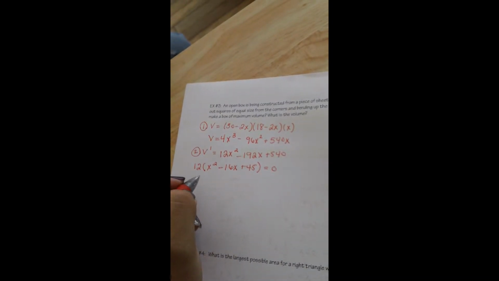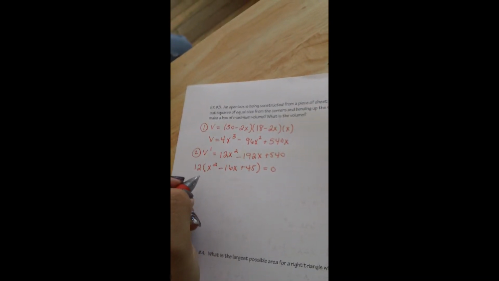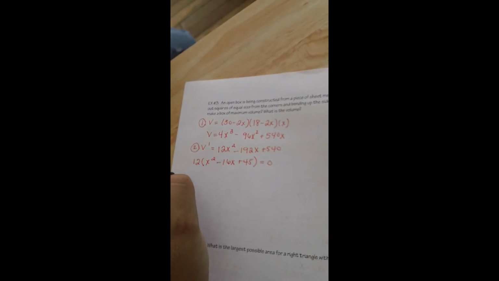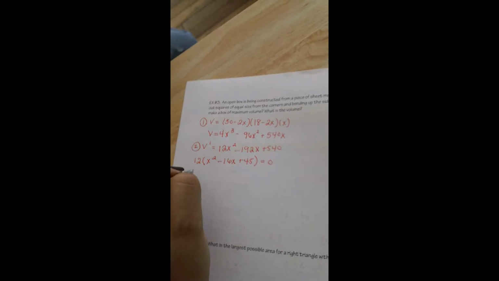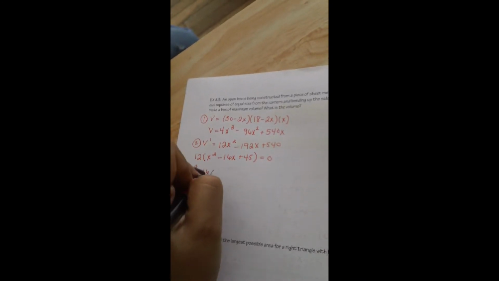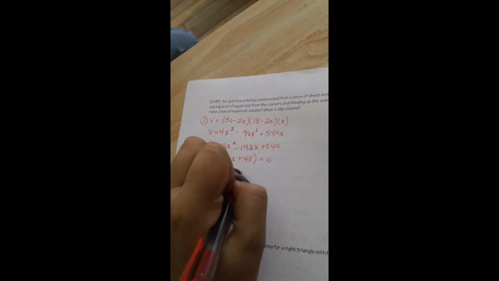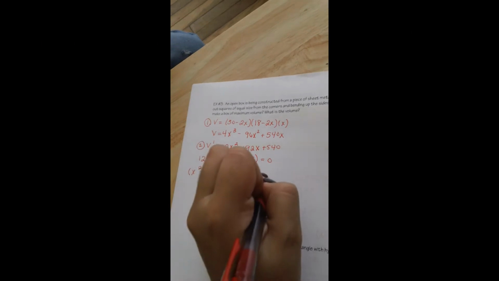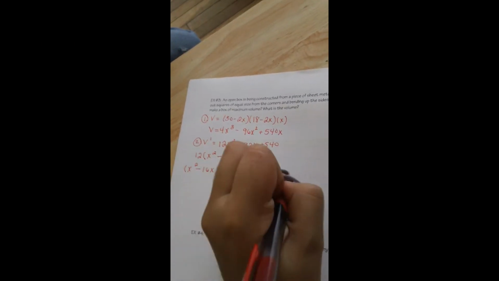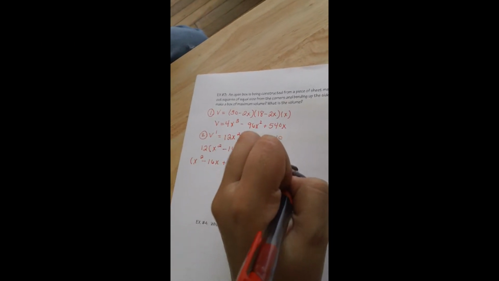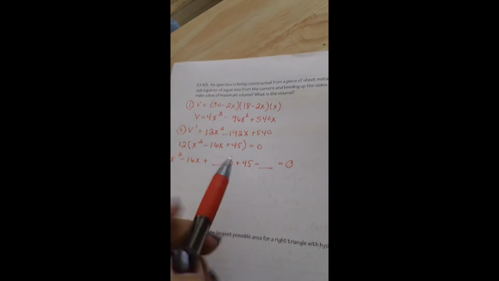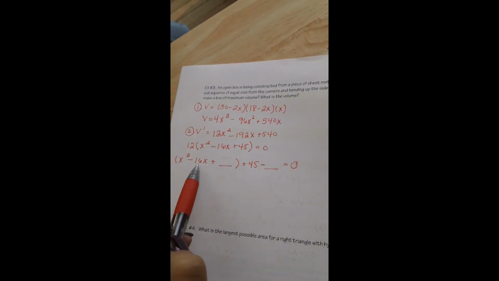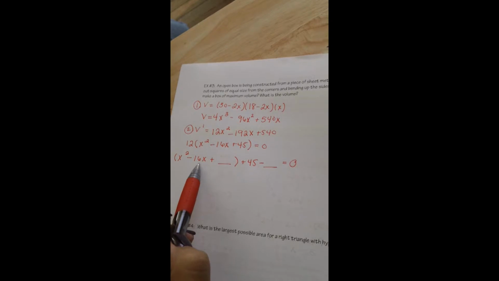And then we can do a completing the square with what's left over. So it'll be x squared minus 16x plus something, 45 on the outside. Whatever we add on the inside, we're going to subtract on the outside, and that'll be equal to 0.